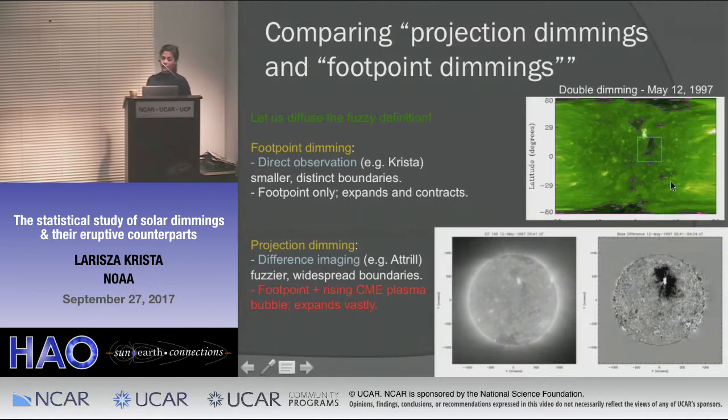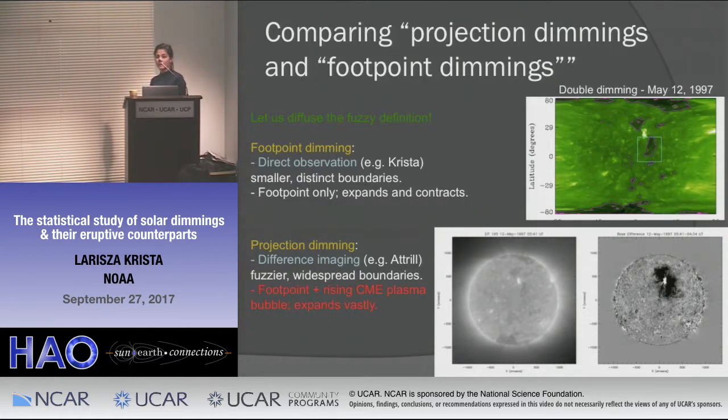What it looks like if you directly look at the dark region, essentially the temporary coronal hole, and what it looks like in a difference image. You can see the boundaries are pretty sharp in the EUV image and pretty fuzzy in the difference image. And of course, if you track this over time, then they look completely different.